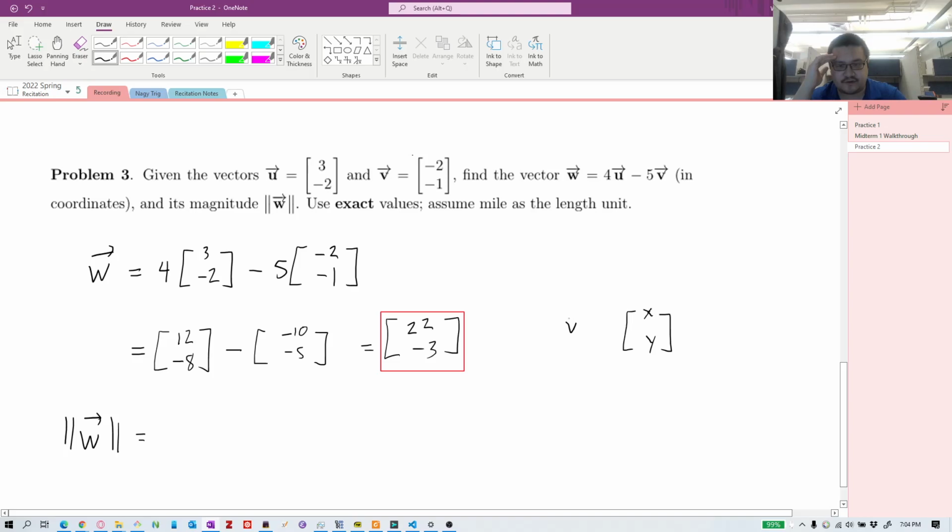If you're given a vector v with x coordinate and y coordinate, then the way you calculate the magnitude, or the length, of that vector is you use the Pythagorean theorem. You use the distance formula, which is the square root of the components squared and then added together.